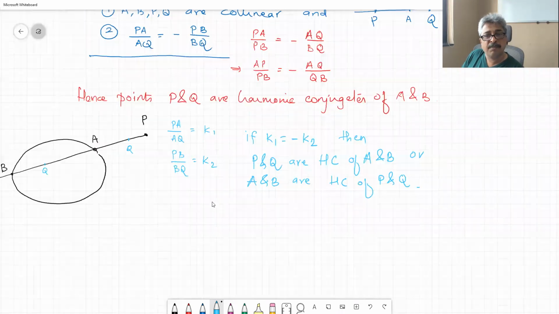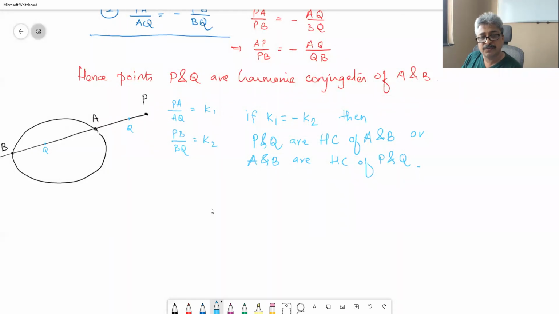So the fourth interpretation of T equal to 0, that is the answer that I am trying to tell you.